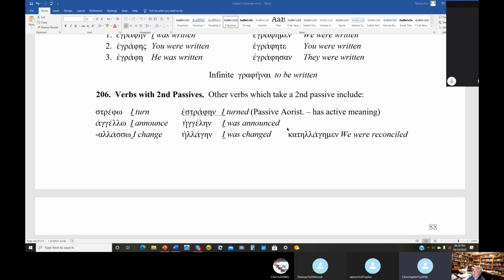Now, as we go through this, I had a question last week about the word strepho right here, and the form that we have here is irregular. I went through a grammar book by Ward Powers, and I reference it in this file that I'm going to show you in a minute.